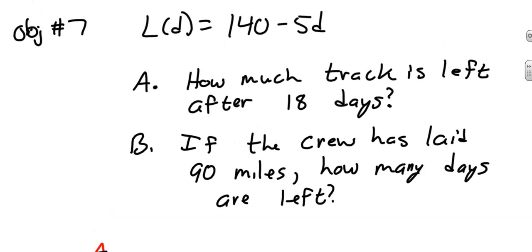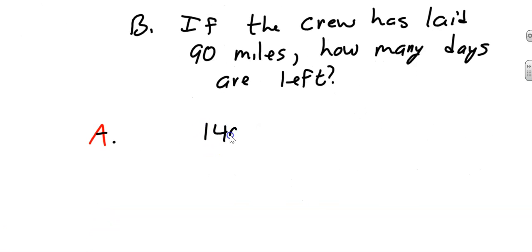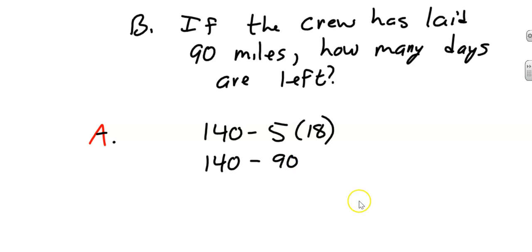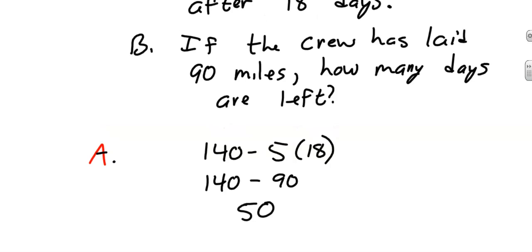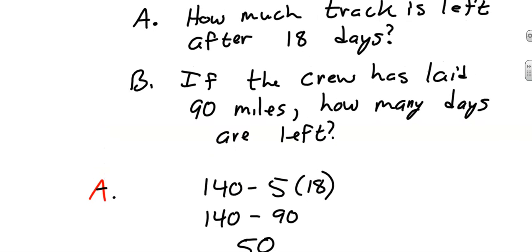Part A, we'll take the 18 and plug it back in, so that's 140 minus 5 times 18. It's 140 minus 90. So if they work 18 days, laying 5 miles per day, then there should be 50 miles left to go.